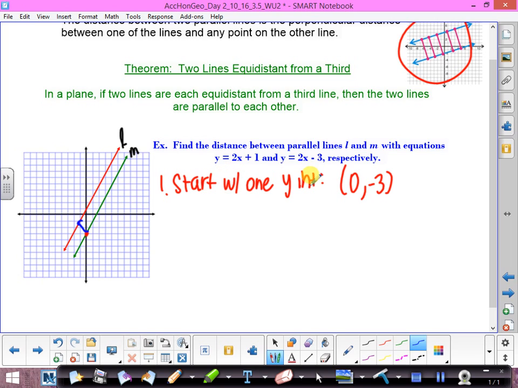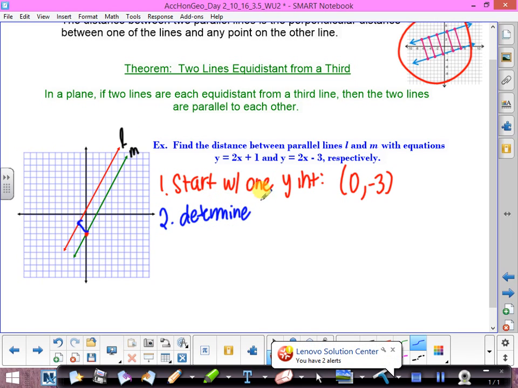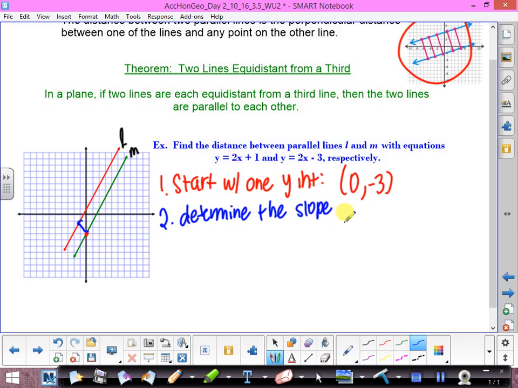So we know the slope of L and M is both 2 because they're parallel. So then I need to determine the slope parallel to the lines. Not parallel, excuse me, perpendicular.